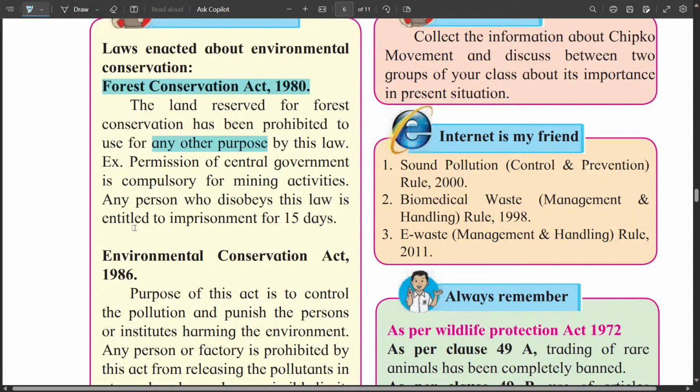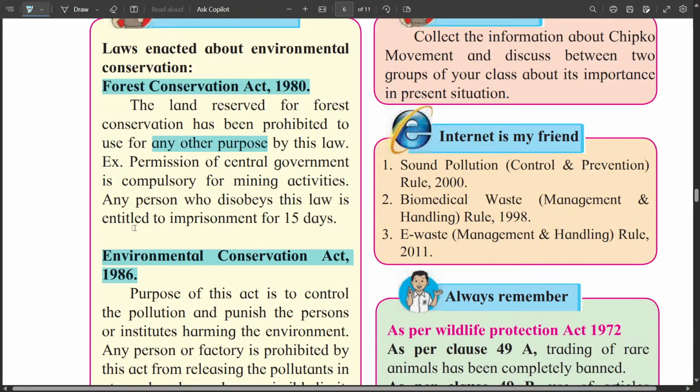So the land which is designated as forest land cannot be utilized for any other developmental purpose, including mining activity. The person who disobeys this is liable to imprisonment for 15 days. Then the Environmental Conservation Act 1986 is another law.